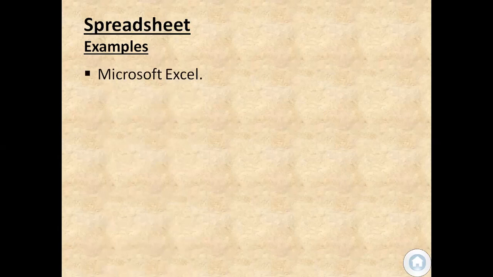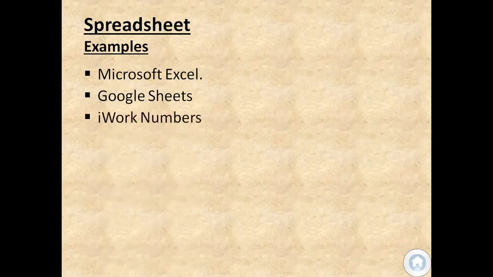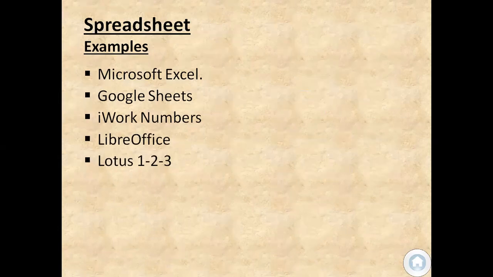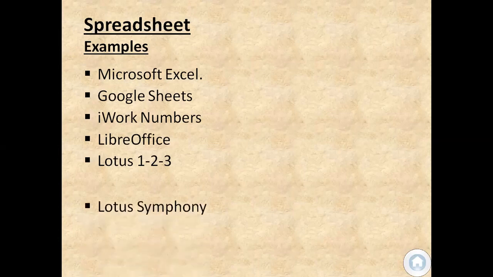Microsoft Excel is the most commonly used spreadsheet. It is a famous spreadsheet. Another one is Google Sheet of recent days. Nowadays, Google Sheet is highly used. iWork Numbers, LibreOffice, Lotus 123 was a spreadsheet few years back, but it is not used nowadays.